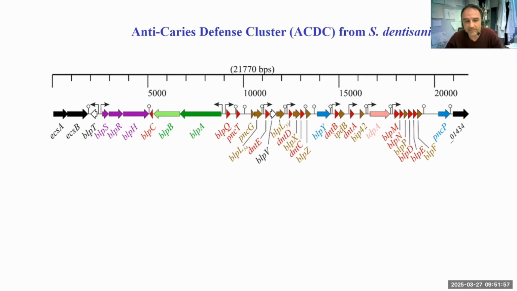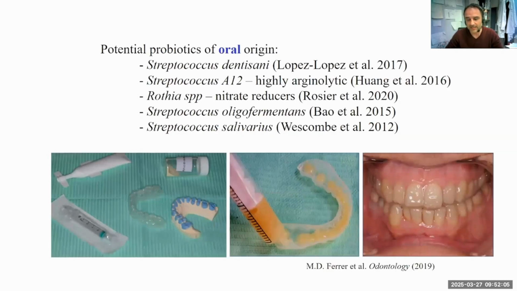So now we are studying each of these denticins to see against which oral pathogens they are active. And we have done several clinical studies showing that it actually works. It buffers the pH, it lowers gingival inflammation, and so on.